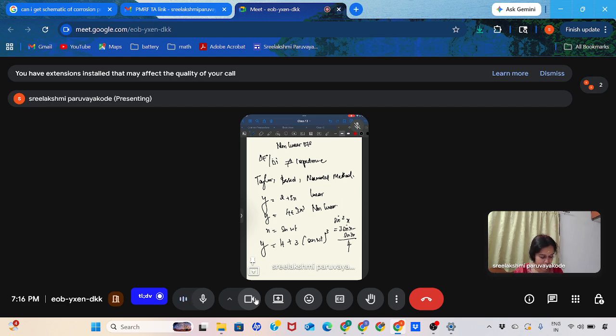You give this as a substitution here, and when you derive it, whatever you get is the linearized form. That's how you proceed with such a question.